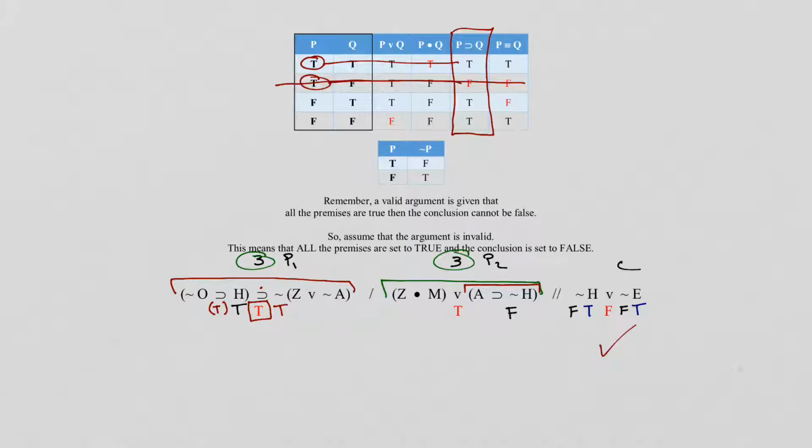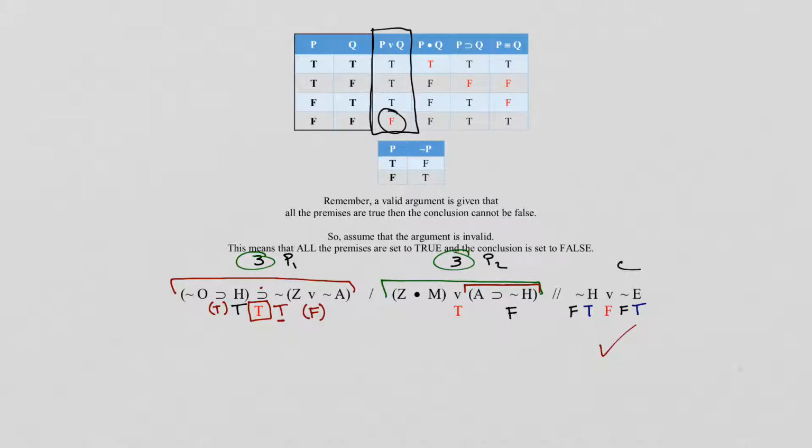And now we're going to go inside of the parentheses. If the outside of the parentheses is true right here, then we know the inside has to be false. So let's ask ourselves, how many times do you get a false with a wedge? Well, you get 1 time.